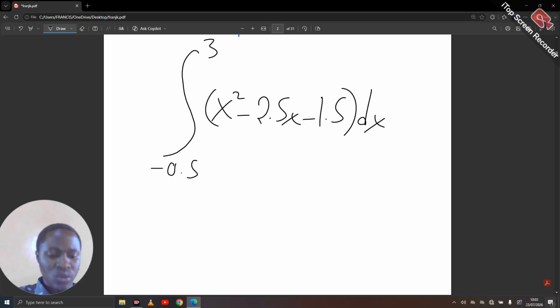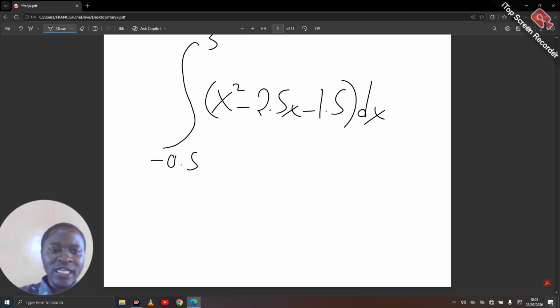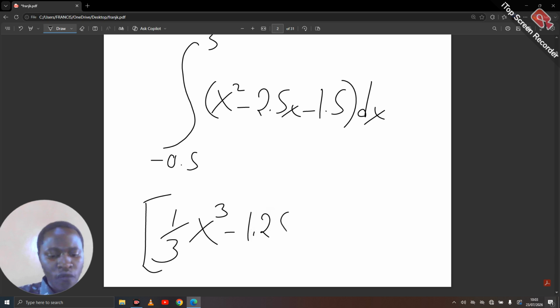Upon integrating x squared minus 2.5x minus 1.5, we shall have a third x cubed minus 1.25x squared minus 1.5x.